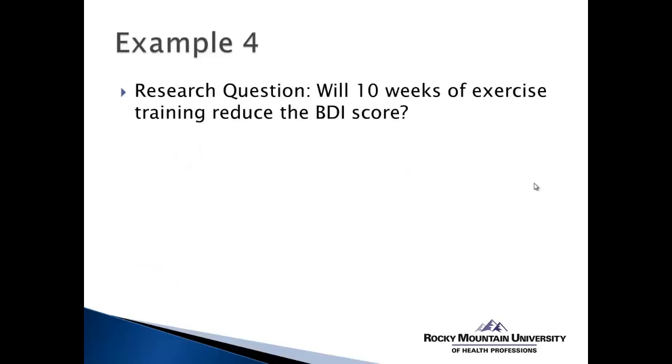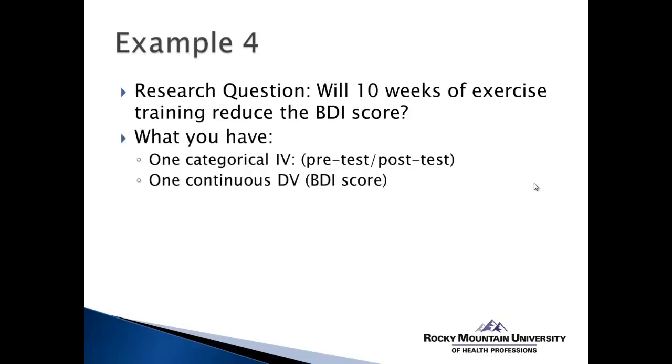Okay, example 4. Will 10 weeks of exercise training, or performing exercise on a regular basis, reduce someone's depression score? Will it reduce the BDI score? So in this case, we have one categorical independent variable, this being time, the passage of time.